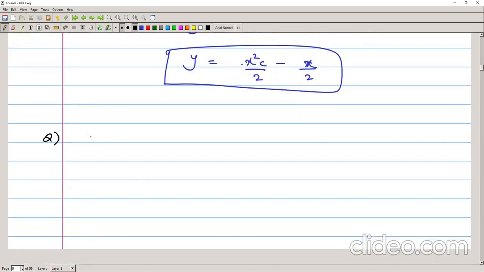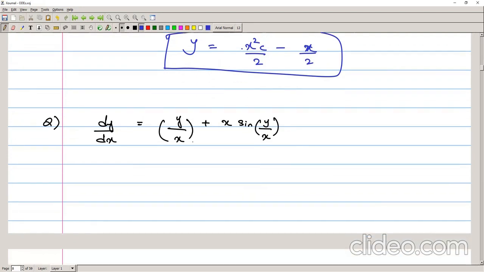All right, so the equation dy by dx is equal to y over x plus x sine y over x, right? Now again, we cannot separate the variables in this form.